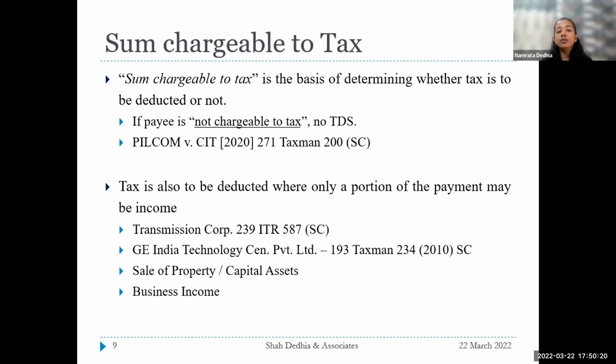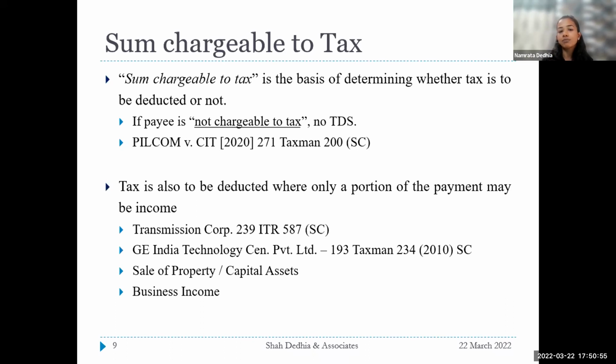However, practically, when you look at any foreign payments being made, the bare reading of the section says that the sum has to be chargeable to tax under the Act, which means you will have to evaluate the chargeability under the Act. Now, the Supreme Court in Pilcom has tried to harp on the fact that you have to look at taxability under the Act, discharge TDS, and then if the payment is not taxable under the DTAA, claim exemption when the non-resident files the return of income.